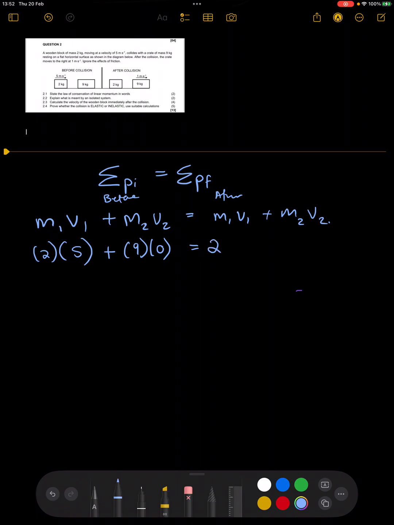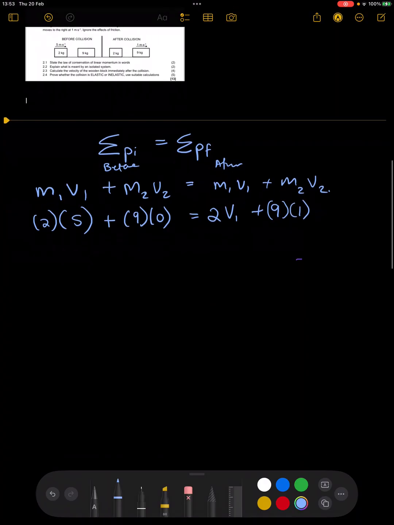So I still have the mass, but the velocity of the first block is unknown. We do know that the 9 kilogram block moves away at 1 meter per second. Taking all of this into consideration, I can solve this to get my velocity to be equal to 0.5 meters per second minus 1 to the right.